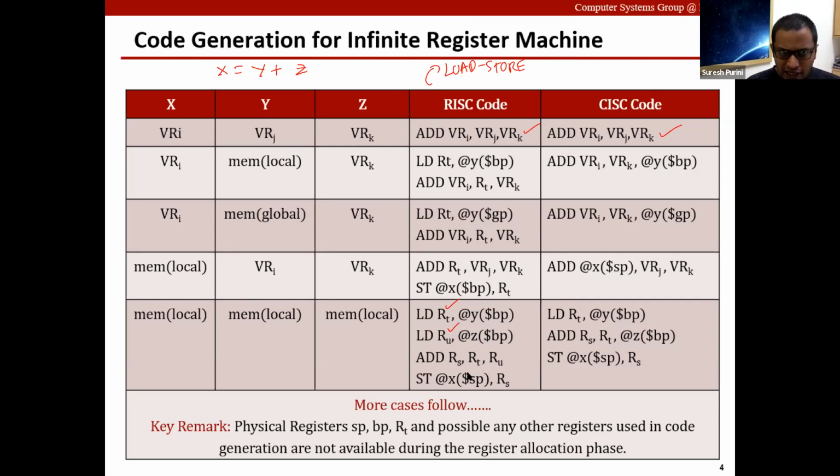And RS is a scratchpad register again to store intermediate values computed. So RT and RU are added and they will be stored in register RS.